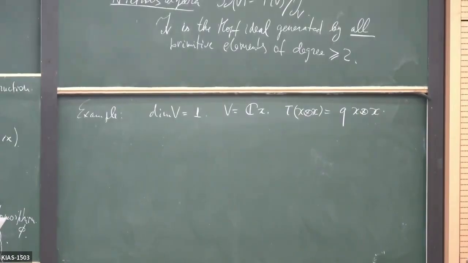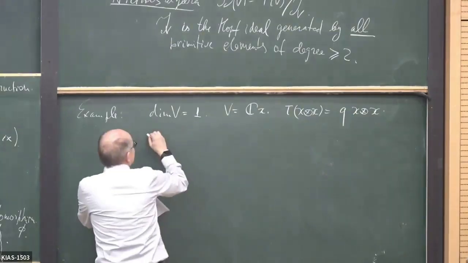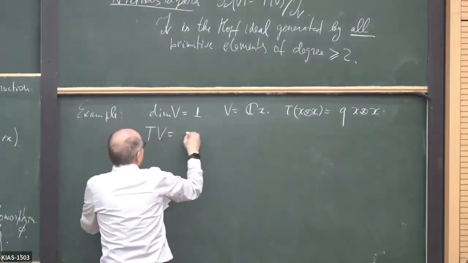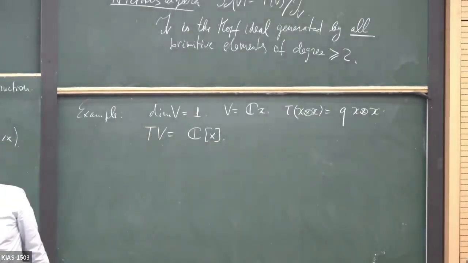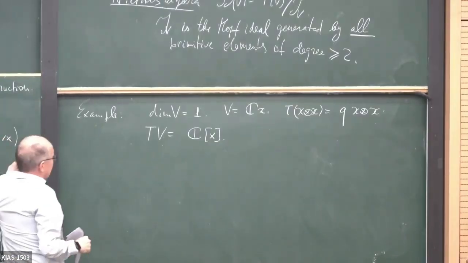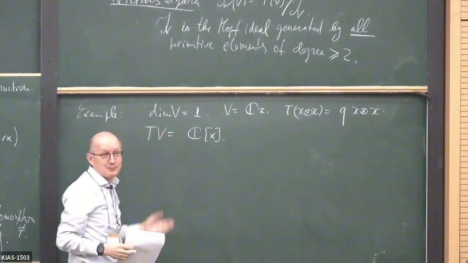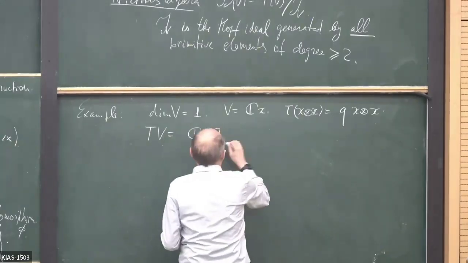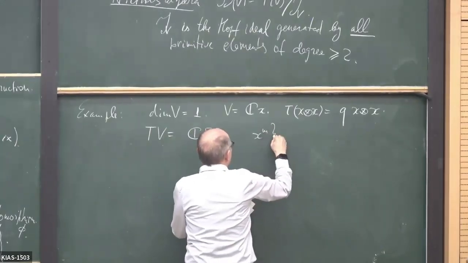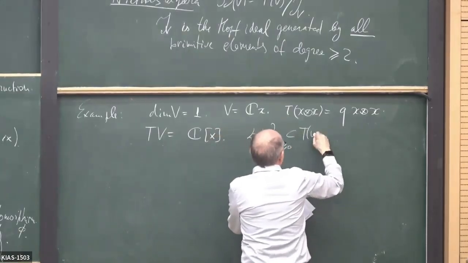The one-dimensional R-matrix, just a scalar. And then T of V is of course just a polynomial algebra in one variable. And this is a braided Hopf algebra, where the basis is x to the power m.